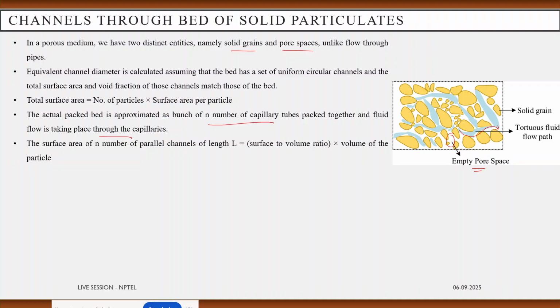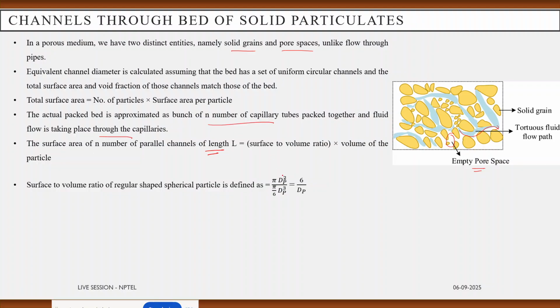Now the surface area of n number of such parallel channels, each of length L, will be the surface to volume ratio into the volume of each particle. So we have to understand how we are going to calculate the surface to volume ratio for a regular shaped spherical particle.